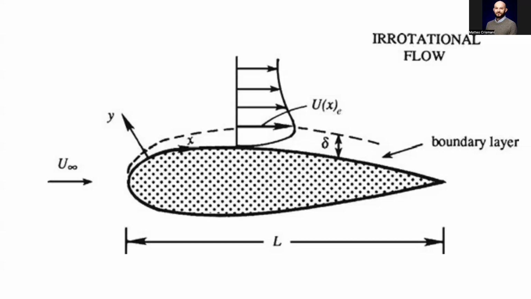Or you can say delta over L is 1 over the square root of the Reynolds number.